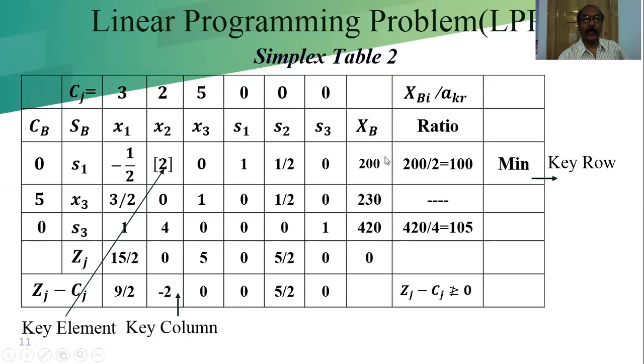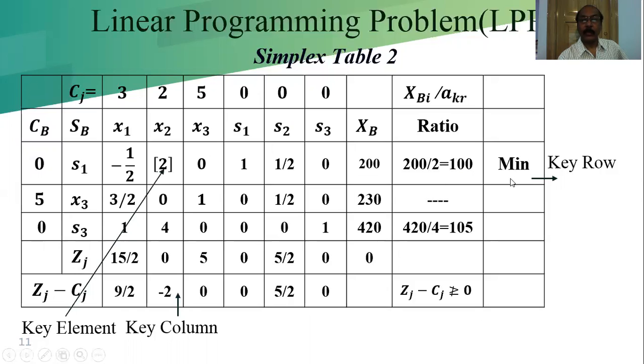So XB divided by 2 is equal to 100. This ratio we cannot find because the entry is 0, we need entries greater than 0. This is 4. So 420 divided by 4 equals 105. If we compare 105 and 100, 100 is the minimum.